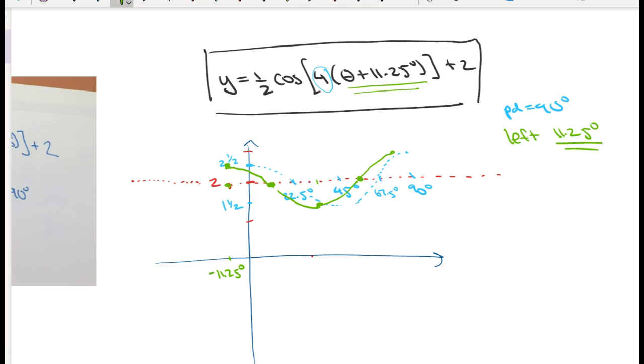This point right here occurs at 11.25 degrees. This point right here, everyone, if the low point was at 45, I have to go back 11.25 degrees. This is going to be 33.75 degrees, right?